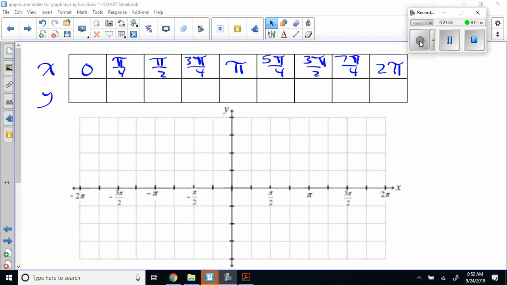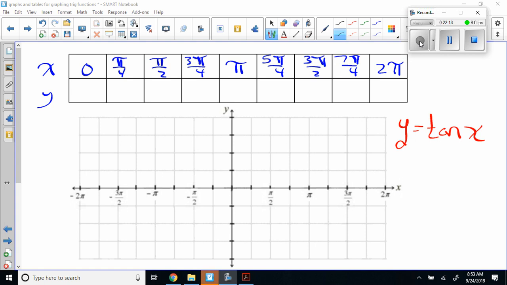Any questions about that? Okay, which function are we doing? Y equals tangent of X. Okay. All right. So, what's the first one?